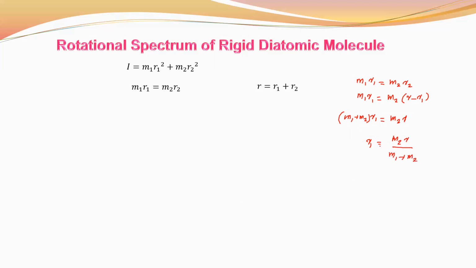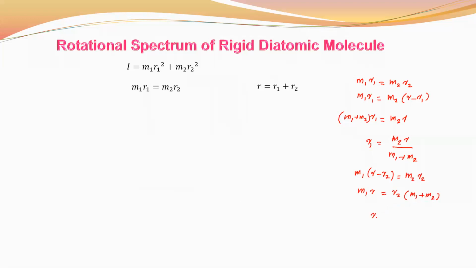Okay, in a similar way, to obtain the expression of r2, we substitute r1 equal to r minus r2 in m1 r1 equal to m2 r2. Then m1 r must be equal to r2 into m1 plus m2.